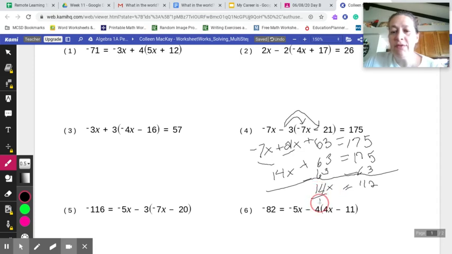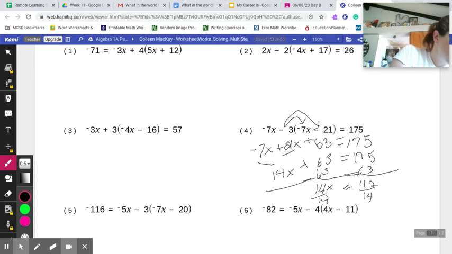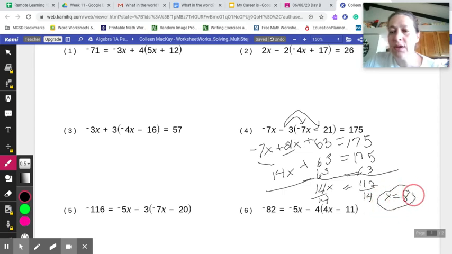Okay, we're going to divide by 14. And that's going to give us x equals 8. And that's your final answer. So if you were to go back and substitute an 8 everywhere you had an x, it would end up saying that 175 equals 175.